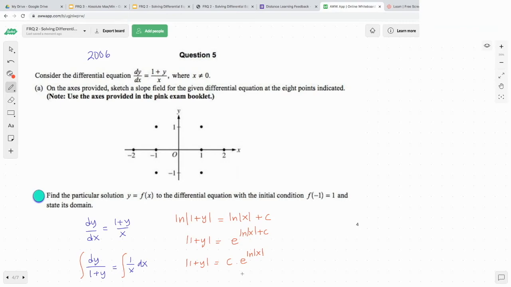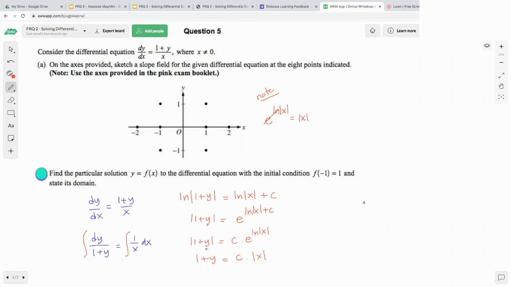Then I just see that this is going to be 1 plus y equals c times e to the ln x. Actually, instead of e to the ln x, we can just write absolute value of x. Remember, note it here, e to the ln x, the e and ln just cancel each other. So this is just going to be the absolute value of x here.